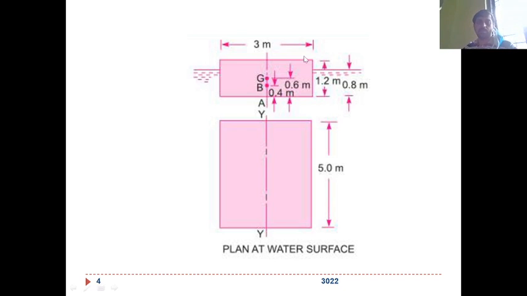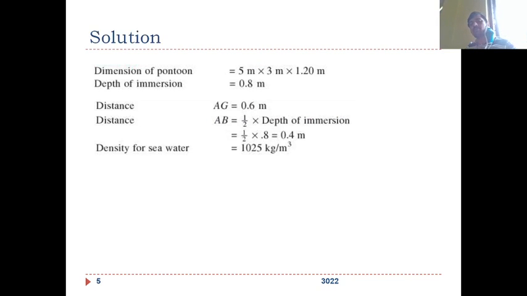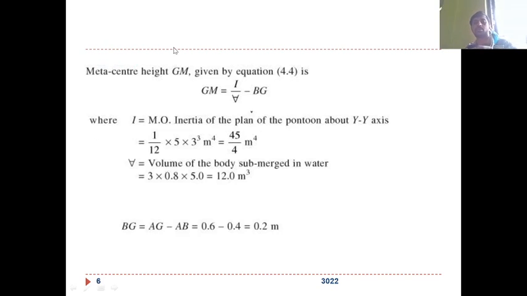You can see 3 dimensions: 3 meters, 1.2 meters and 5 meters. 5 meters is the length along the y-axis, 3 meter is across the y-axis, and 1.2 meter is the height in the front view. So here B is taken as the dimension along the y-axis.